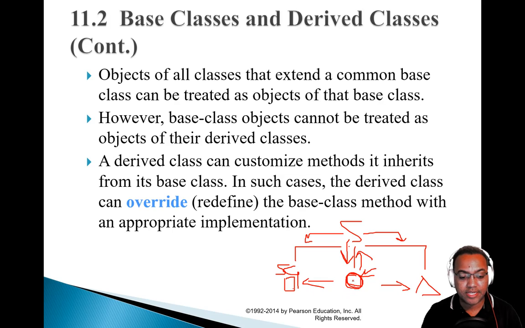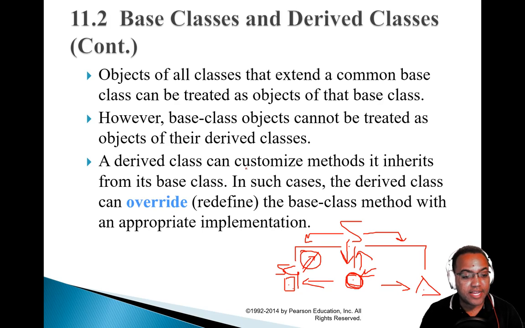The square class does not inherit from the circle class, and does not inherit from the triangle class, only from the shape class, and it does not inherit back. This does not occur. It only occurs downwards, from the base class to the derived class.